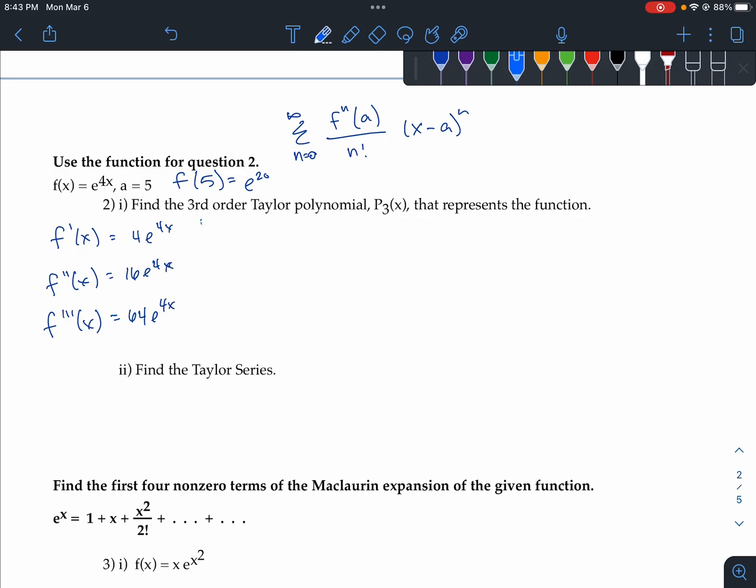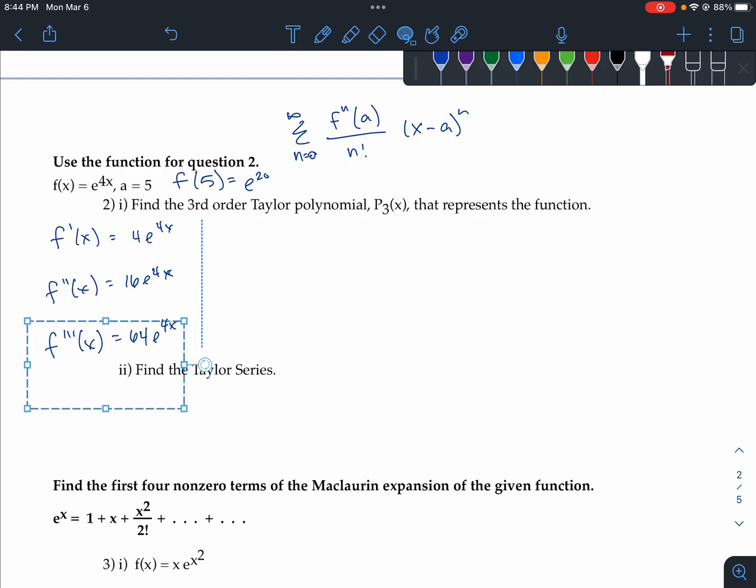This is how I write out my Taylor polynomials, so if it doesn't work for you, you can do it your way. Now I need to know the first derivative at 5, the second derivative at 5, and so on and so forth.